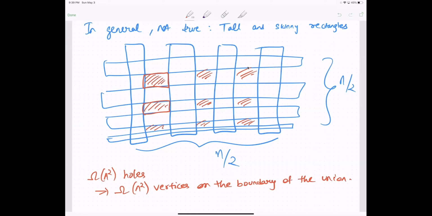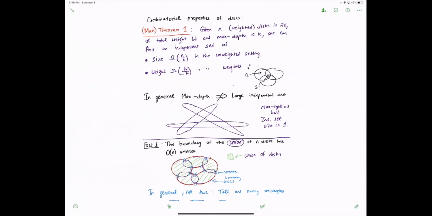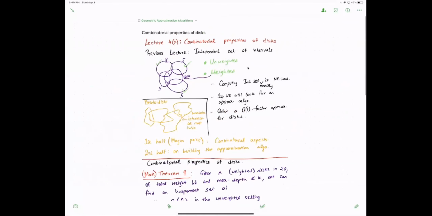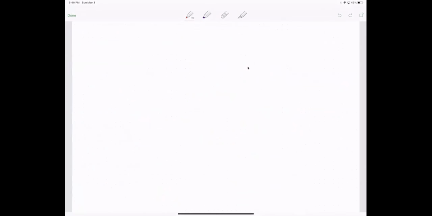So usually these tall and skinny objects are challenging cases to handle, whereas disks that we are looking at are nicer objects in some sense. That's why we get this nice property that the union will have order of n vertices. Okay, so let me state this fact more precisely. It's a very nice theorem. It uses very basic geometric properties from high school.